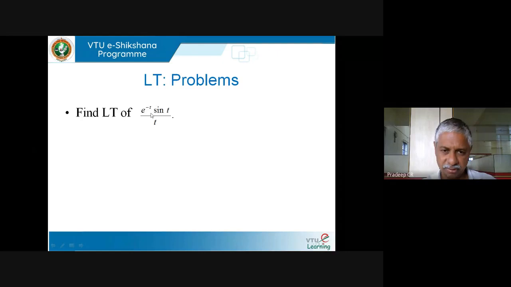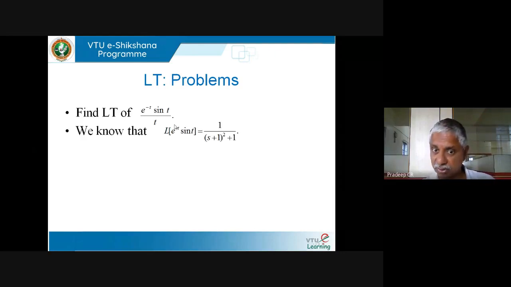So I will use the same formula. Laplace of f(t) by t is the integral of Laplace of e power minus t sin t. But how do I find Laplace of e power minus t sin t? I have the shifting formula. I've already explained this.